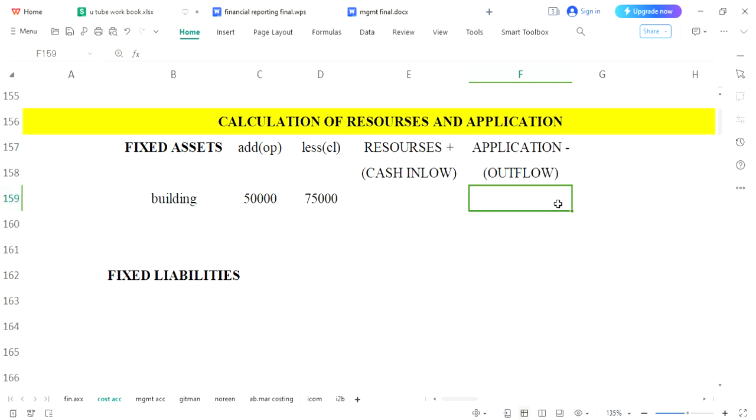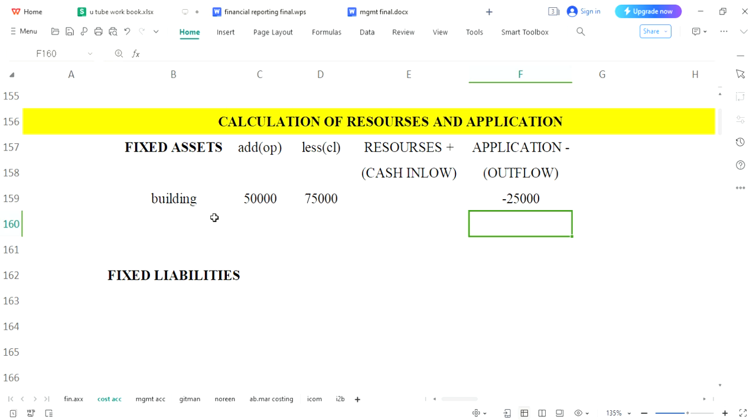Look here, we have less closing, meaning minus sign, and this is your plus sign. So 50,000 plus minus 75,000, you have got a minus sign. It would be considered as your outflow.